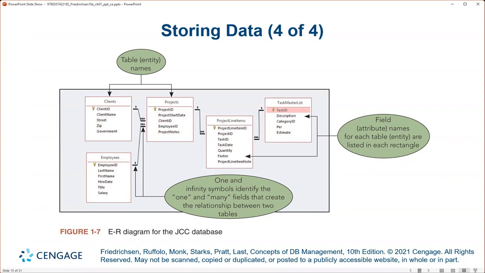In projects, however, we're listing out all the different projects by the project ID. The project ID is the unique characteristic for this table, identifying each specific record, like project ID 27, and so on. But different projects could belong to the same client. So project 31, project 27, and project 48 all belong to client ID 12, because that client has all three of those projects going on at the same time. That's how we create that one-to-many relationship.